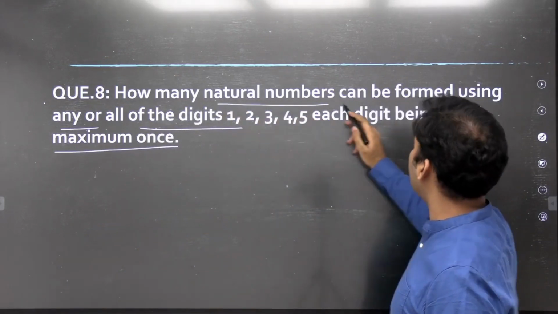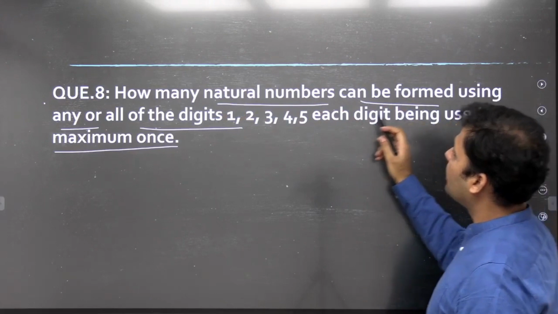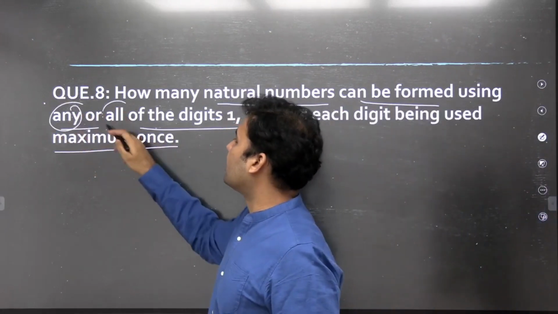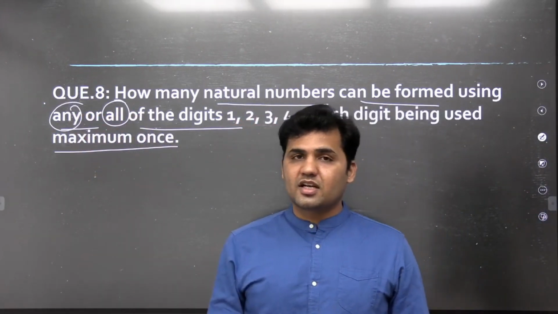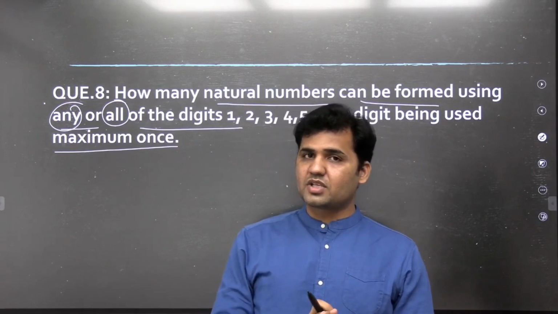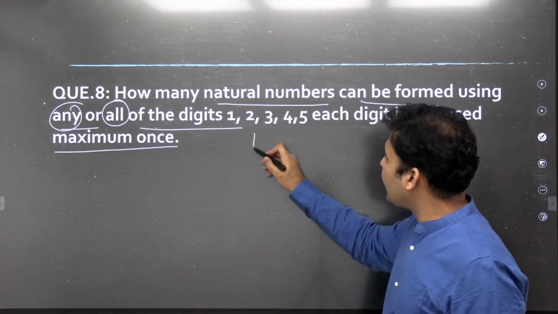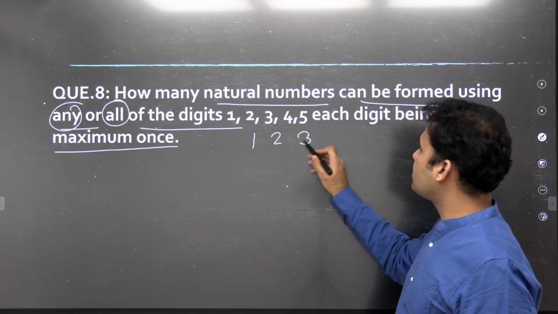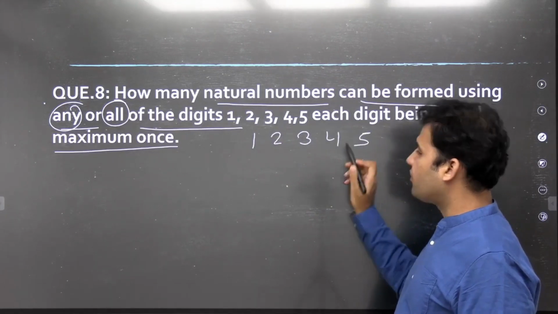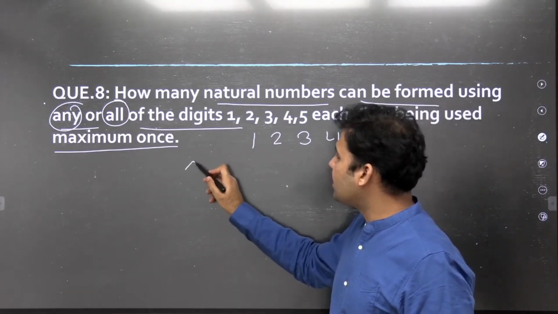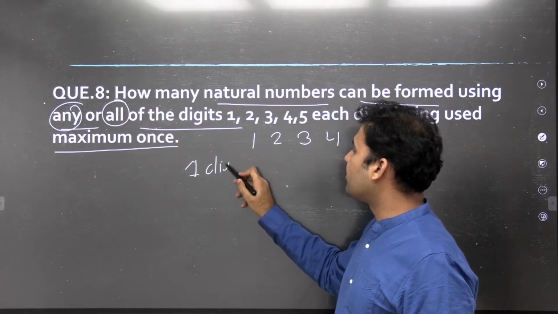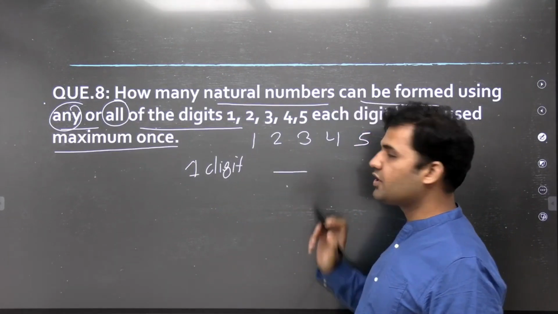How many natural numbers can be formed using any or all? That means it's not necessary that you are supposed to use all the digits. You can use any number of digits. So the digits that have been given to me are 1, 2, 3, 4 and 5. If I want to make a 1 digit number, that means I have only one place to fill.